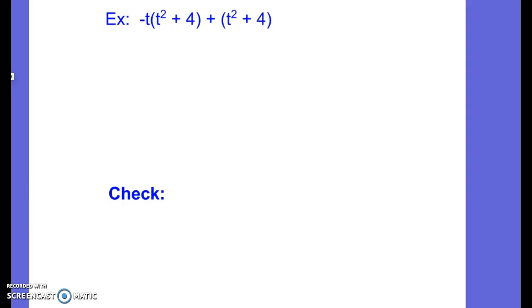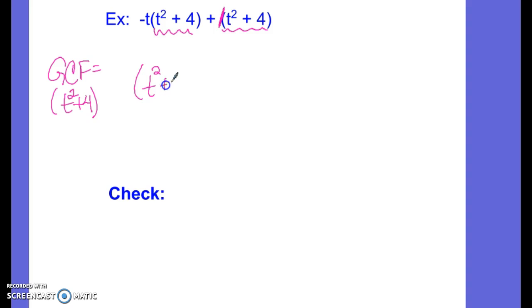One more, if you look and see, you have a common binomial. But in front of this one, there's the number 1. So our GCF equals t squared plus 4. So we'll go ahead and factor out our t squared plus 4. So my GCF, t squared plus 4 times my leftovers.